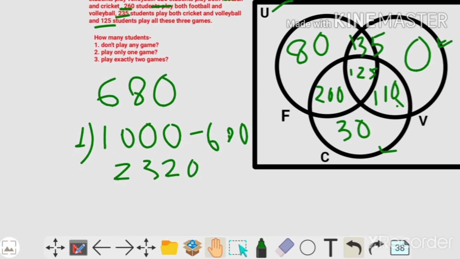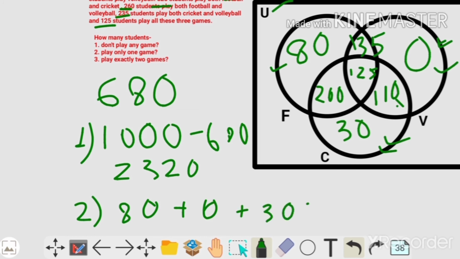Now the second question is how many play only one game. If you look at the diagram, this part shows the number of students who play only one game. The number is 80 plus 0 plus 30, so the answer is 110.